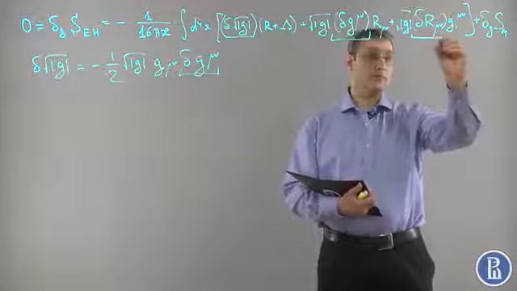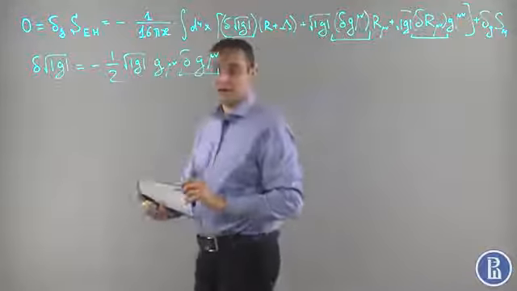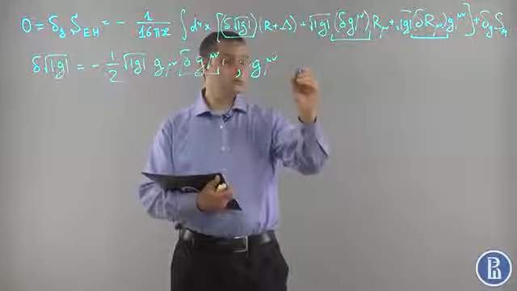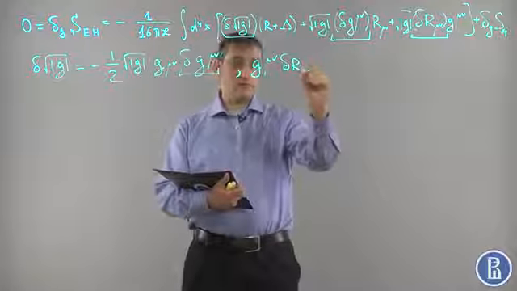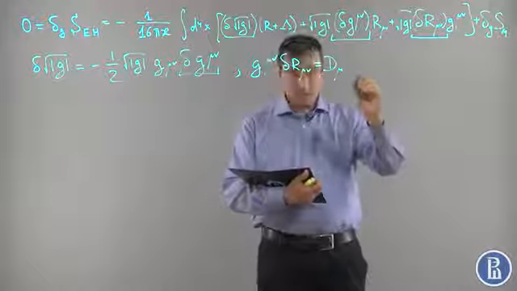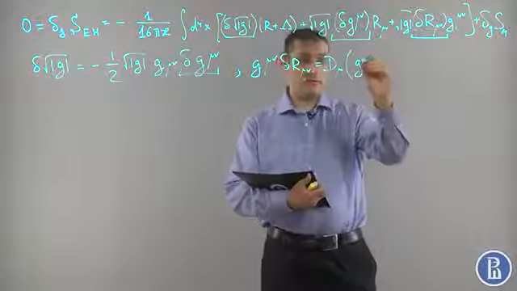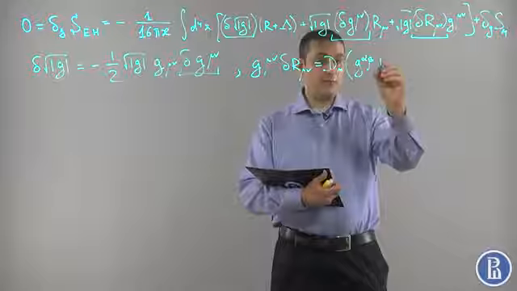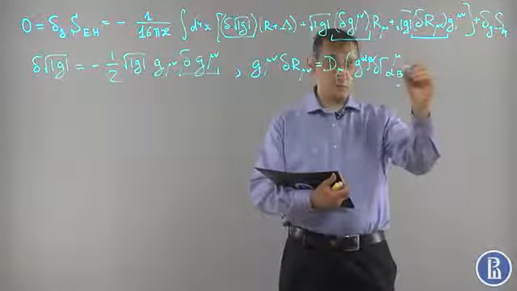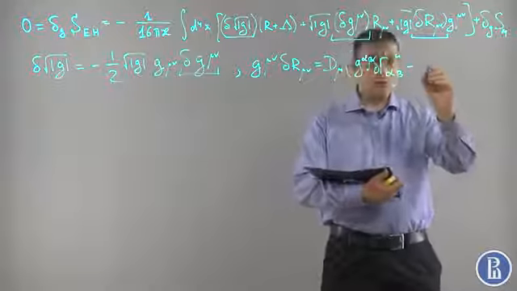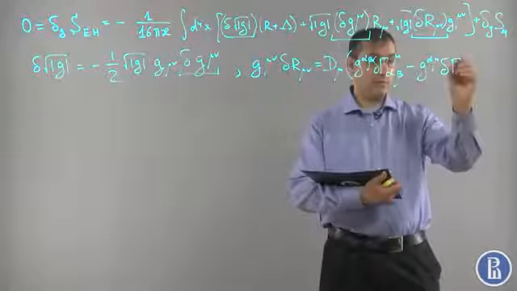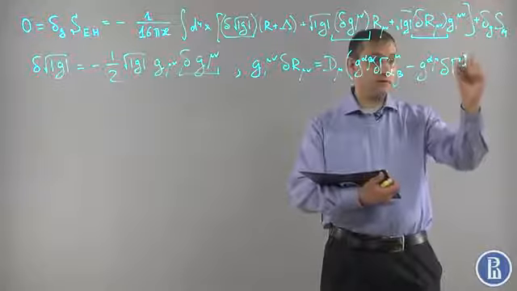Now we have been studying this term, and we found g^μν times δR_μν is equal to ∇_μ of g^αβ δΓ^μ_αβ minus g^αμ δΓ^β_αβ.